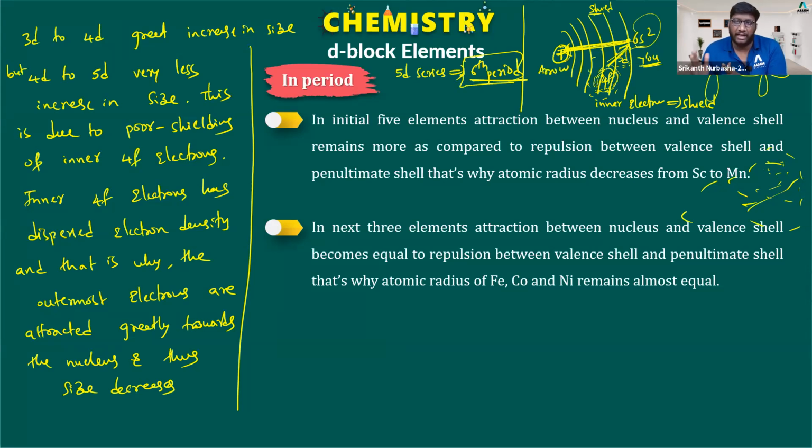Remaining 3 elements like iron, cobalt, nickel, size will be almost same because nuclear charge and electronic repulsions were almost balancing each other. For the last 2 elements, size increases. Why? Because repulsion is the dominant factor. So size first decreases, then equal, and then increases. This is a scenario with respect to one series.